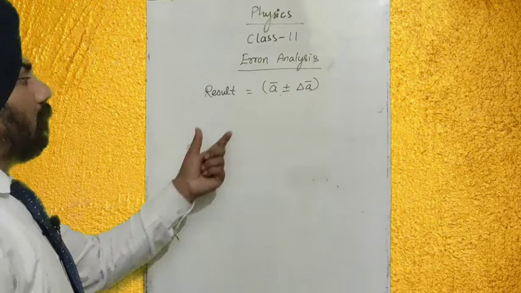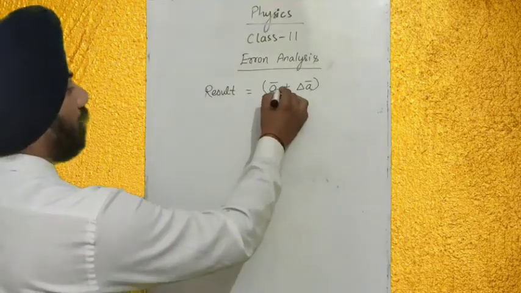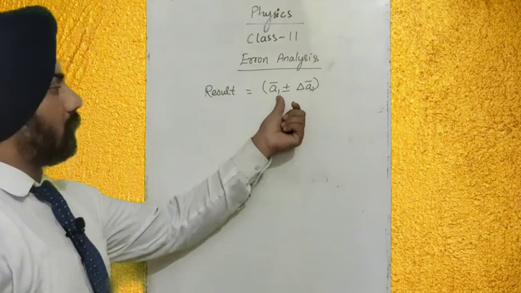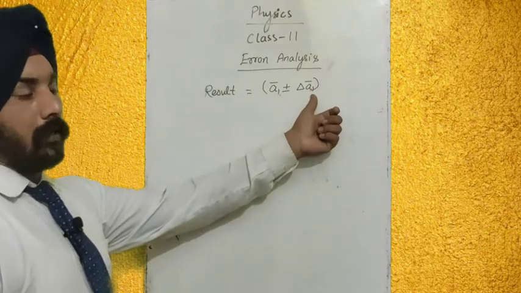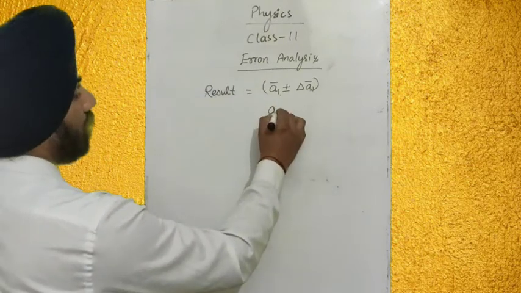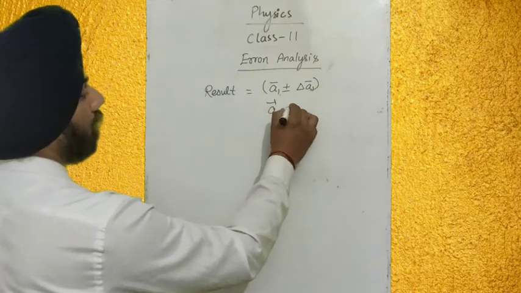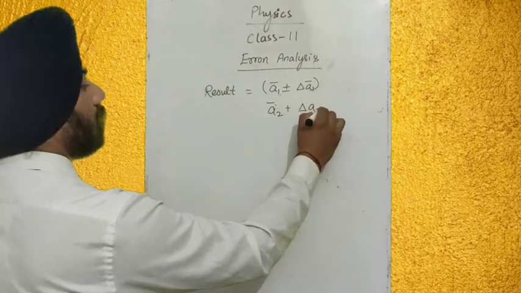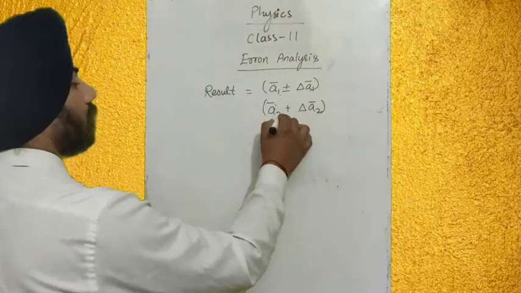Like this way we have two quantities. In one quantity the true value is a1 and the error in that one is delta a1, and another quantity is a2, its true value is a2 and its error is delta a2.